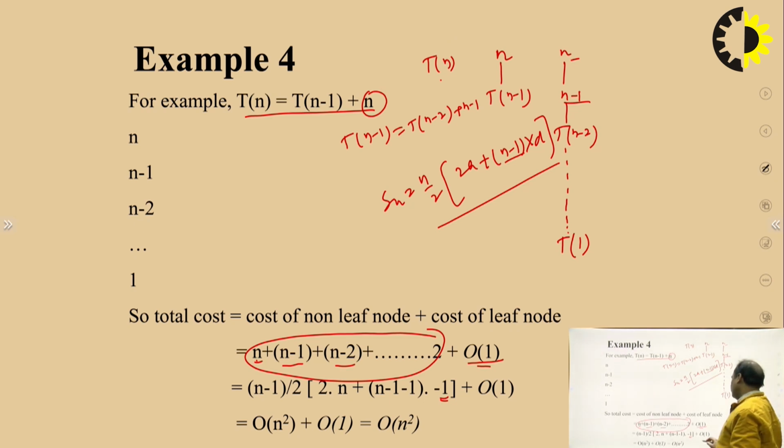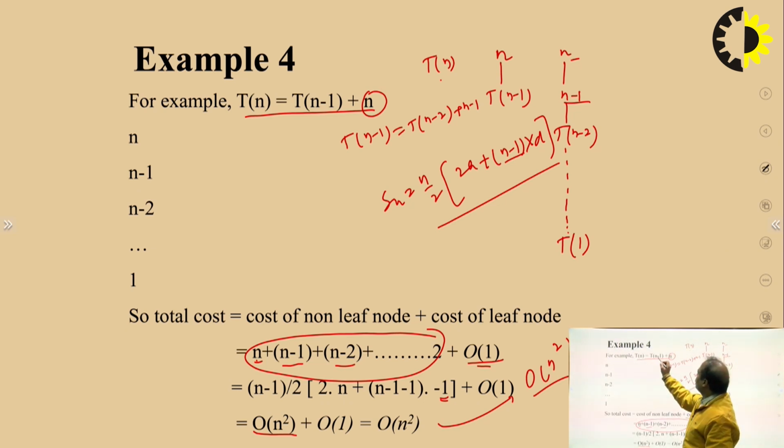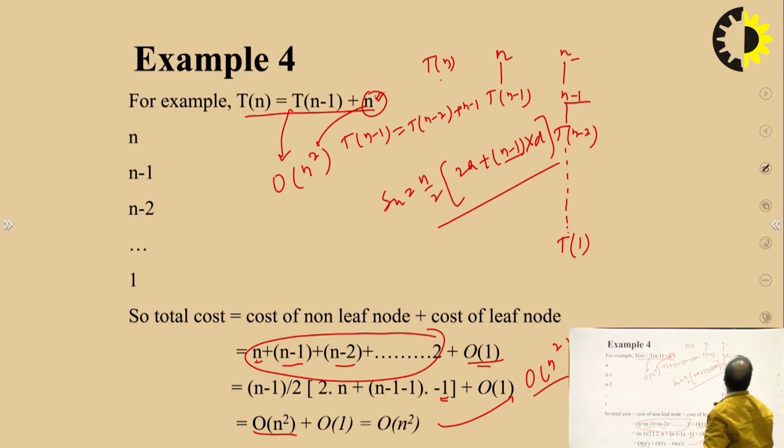If you calculate it and approximate it to big O, its solution will be big O of n square. In general, there is a shortcut for this type of recurrence. If Tn is Tn minus 1 plus n, whatever n you have over here, generally this is approximated as big O of n square. Just raise one power over here.